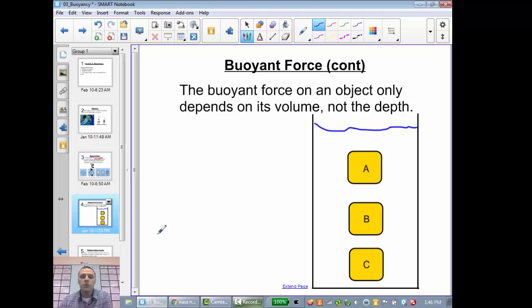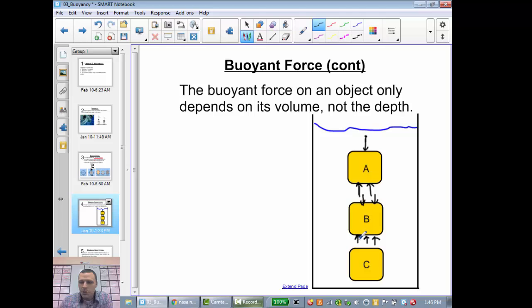Now, I think one thing to realize about the buoyant force is that it only depends upon the volume of the object. It does not depend upon the depth. At very shallow depths, an object might only experience a little bit of pressure on top and a little bit more pressure on the bottom. So here you can see with the arrows that I'm drawing on object A that there's only really a pressure differential of 1: 2 arrows on the bottom to 1 on top. Object B might experience a pressure of 2 down and 3 up.